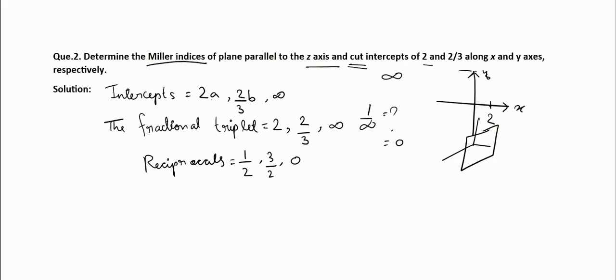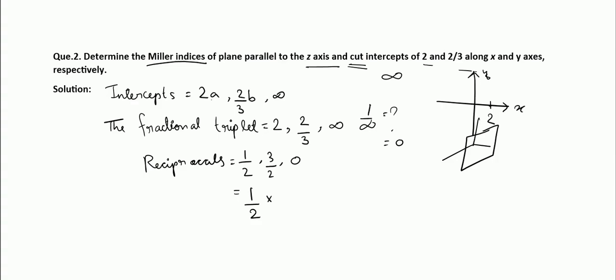Now here comes our final step. How will we get clear fractions? These are fractional, right? To get clear fractions, we find the least common multiple of the denominators, the LCM of the denominators. And what is the LCM of 1 by 2, 3 by 2 and 0? Yes, it's 2. So we will multiply each of these by 2.